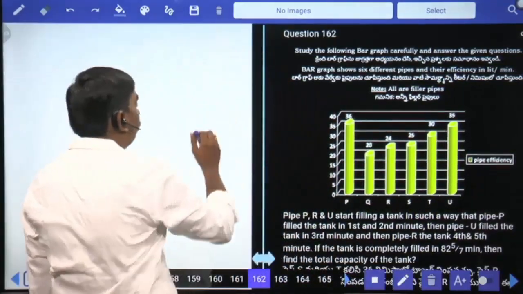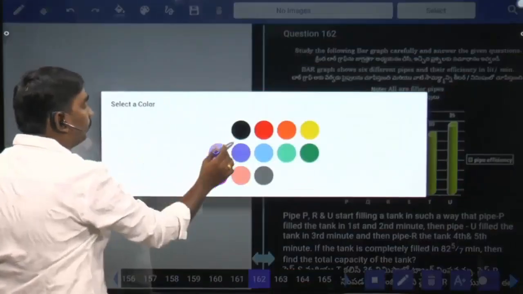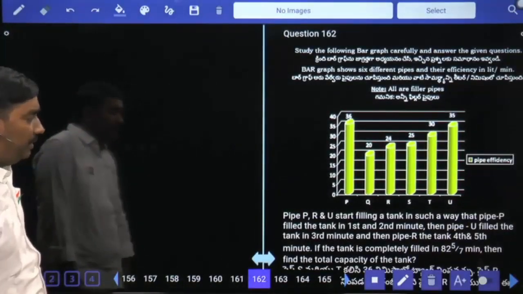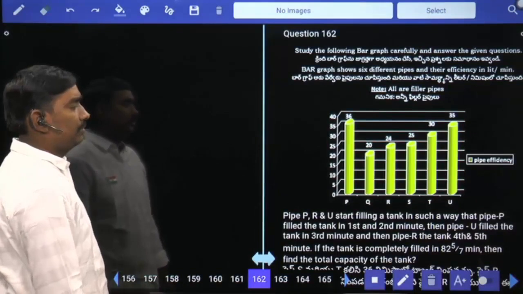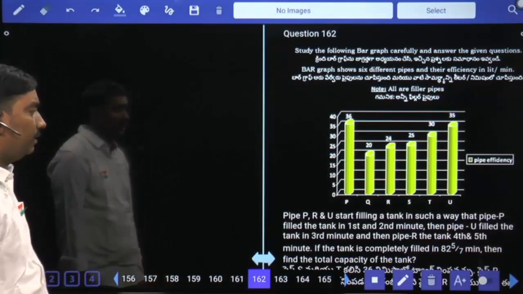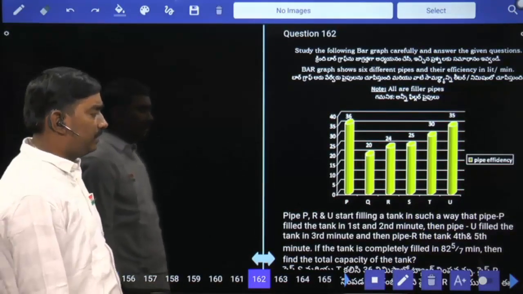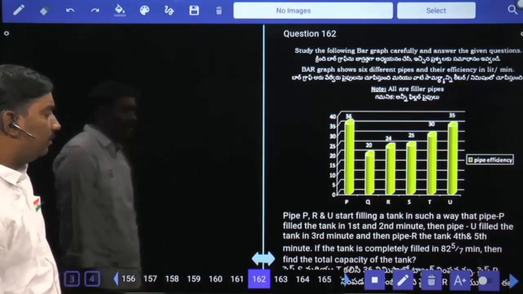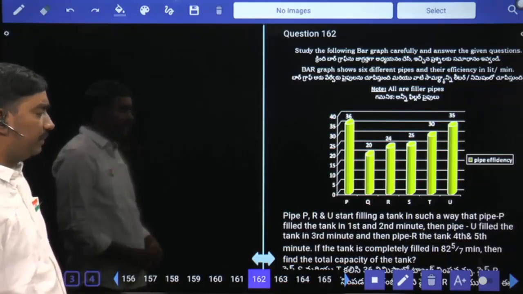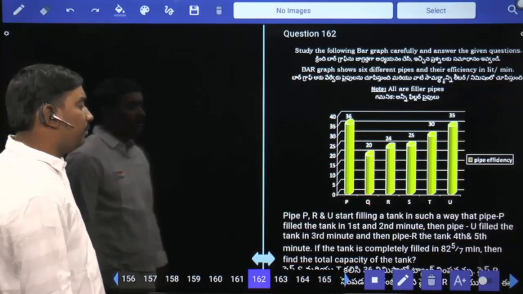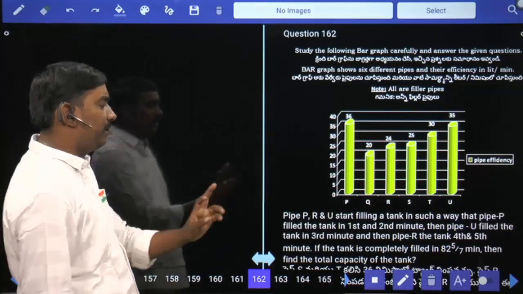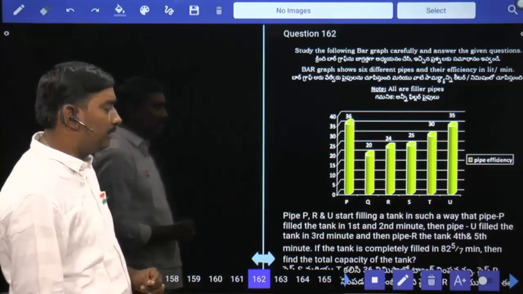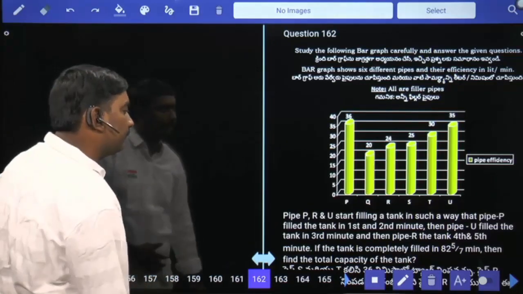Next. P, R, U start filling in such a way that P fills the tank in the first and second minute, U fills the tank in the third minute, and R in the fourth and fifth minute. If the tank is completely filled in 82 5 by 7 minutes, then find the total capacity of the tank.